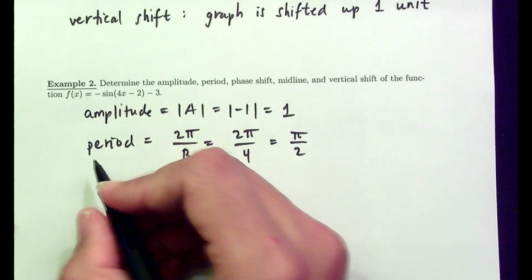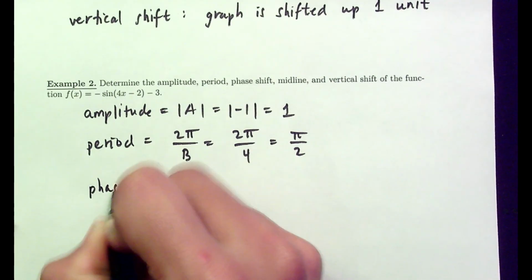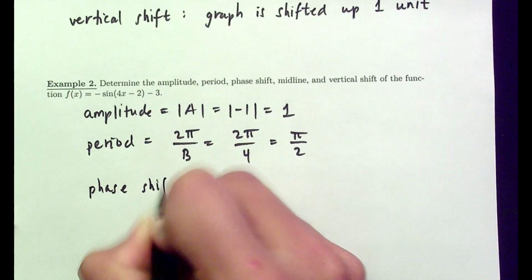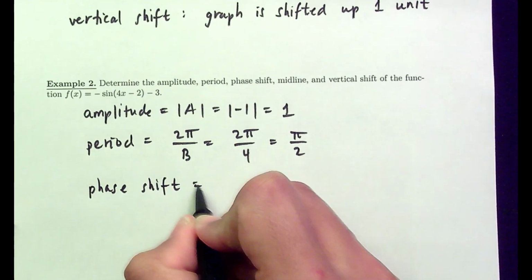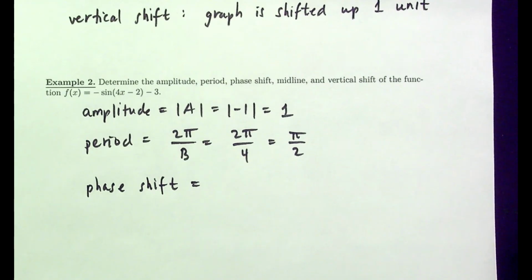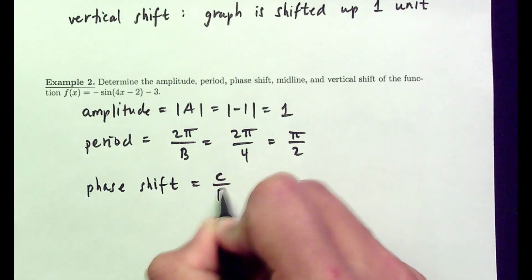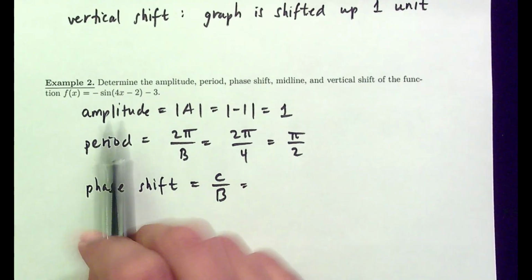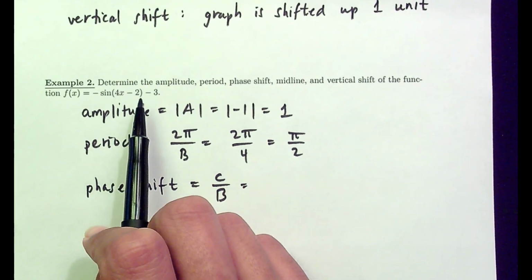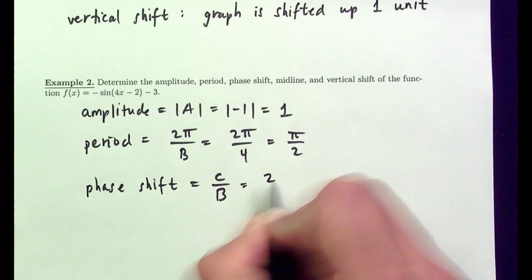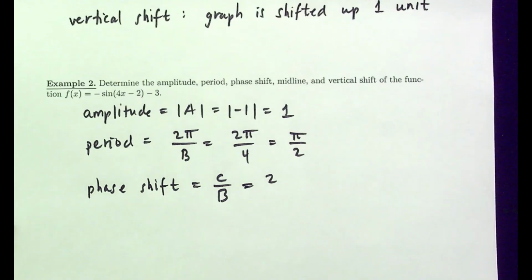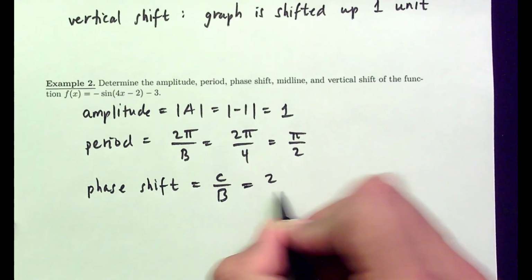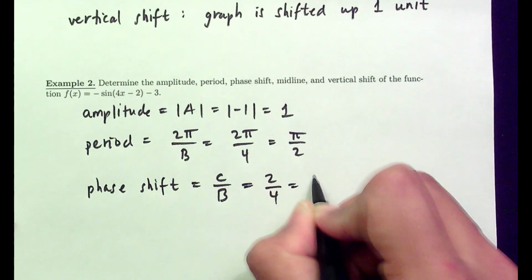Next, phase shift. The phase shift is c over b, that's the formula. And in this case, the c, remember, is the opposite, so I see a -2, I'm going to put +2. The c is 2, and the b is 4. So this is 1/2.